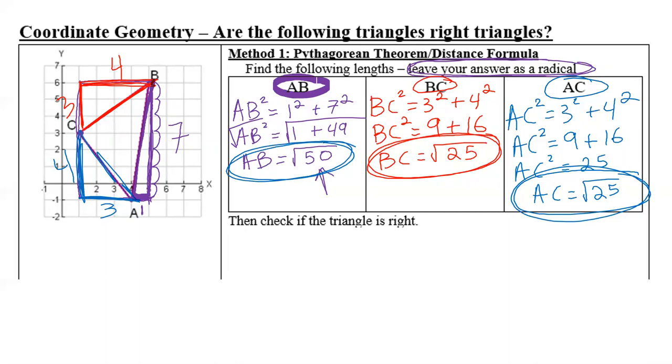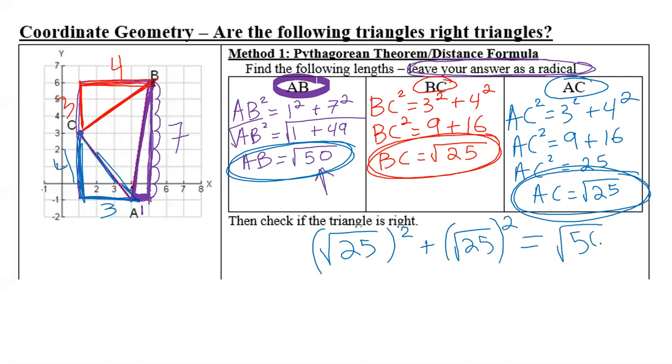Okay, so now we're going to check, is it a right triangle? We're going to take the 2 smaller sides, the square root of 25 squared plus the square root of 25 squared, and we're going to see, does that equal the square root of 50 squared?